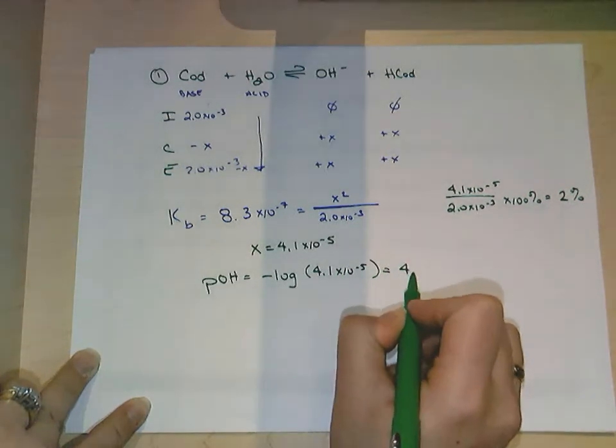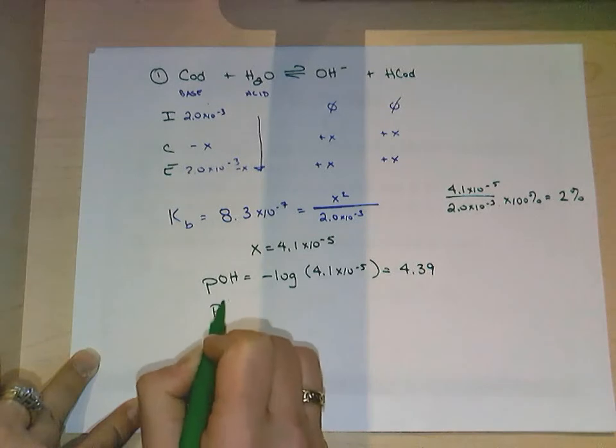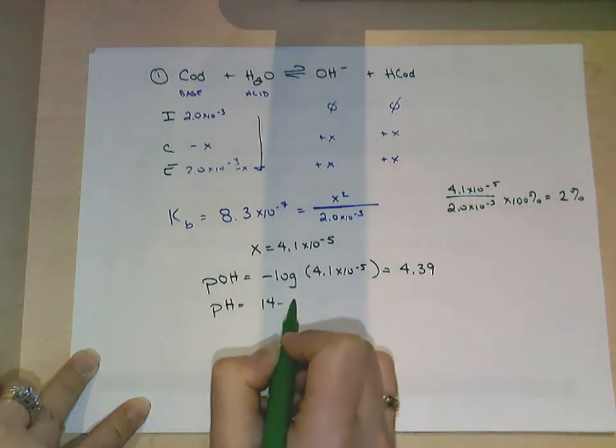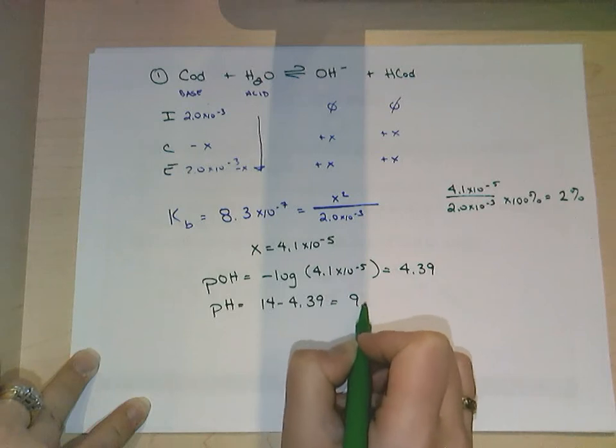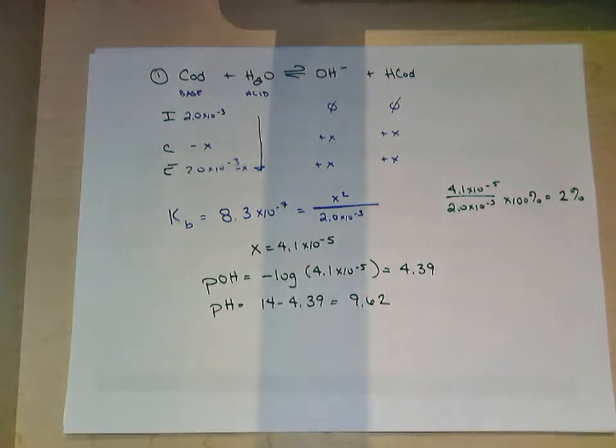So now I can figure out the pH. Does that pH seem reasonable considering we're starting off with a weak base? It does. We made a basic pH. So that should check off in your head like, oh, good.